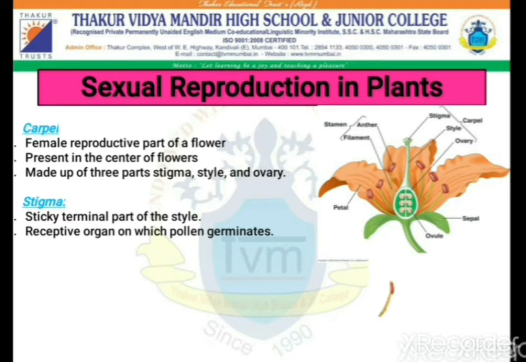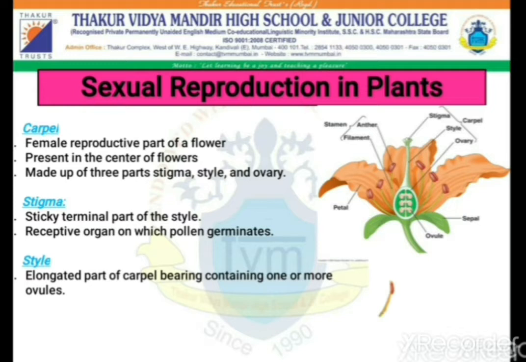The second part is called style. Style is the rod-like structure which we can see at the center, the elongated part which contains one or more ovules. At the bottom, you can see the ovary, the bulging part.